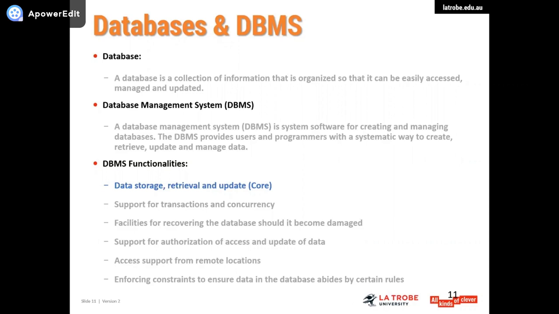Then it is the DBMS functionalities, which include, first, data storage, retrieval, and updates. This is the core functionality of a DBMS, of course. The reason we use a DBMS is to store data, deal with data, and update our data. The second functionality is support for transactions and concurrency.